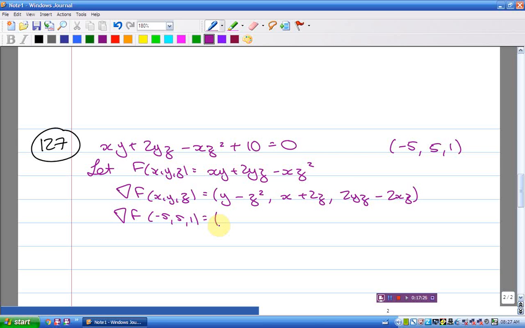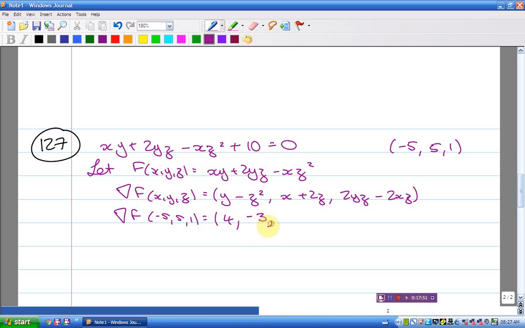And it is 5 minus 1, which is 4. Minus 5 plus minus 2, minus 5 minus 2, plus 2. Jeez. See, I can't even do arithmetic, let alone calculus. X is minus 5 and z is 1. So it's minus 5 plus 2 is minus 3.